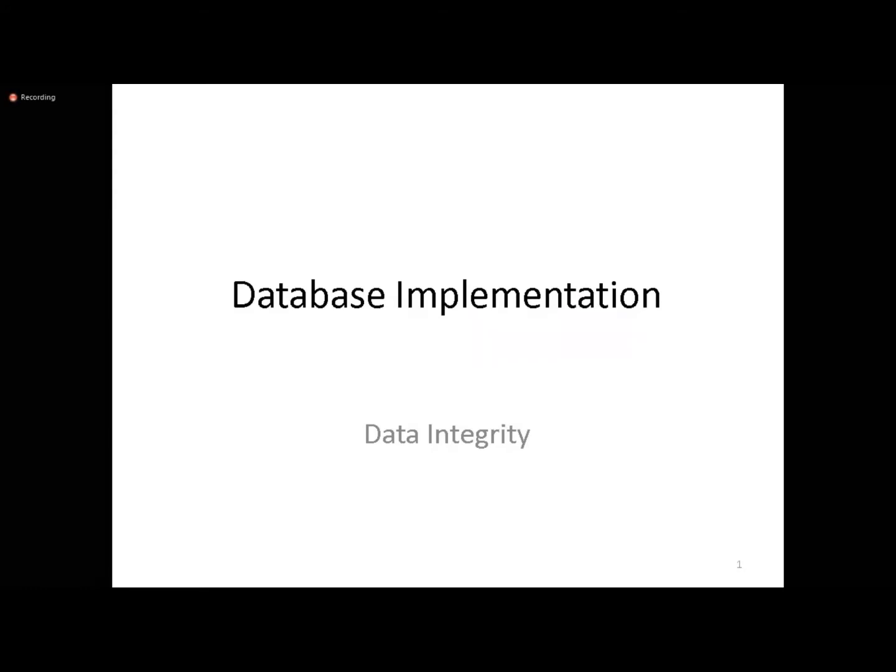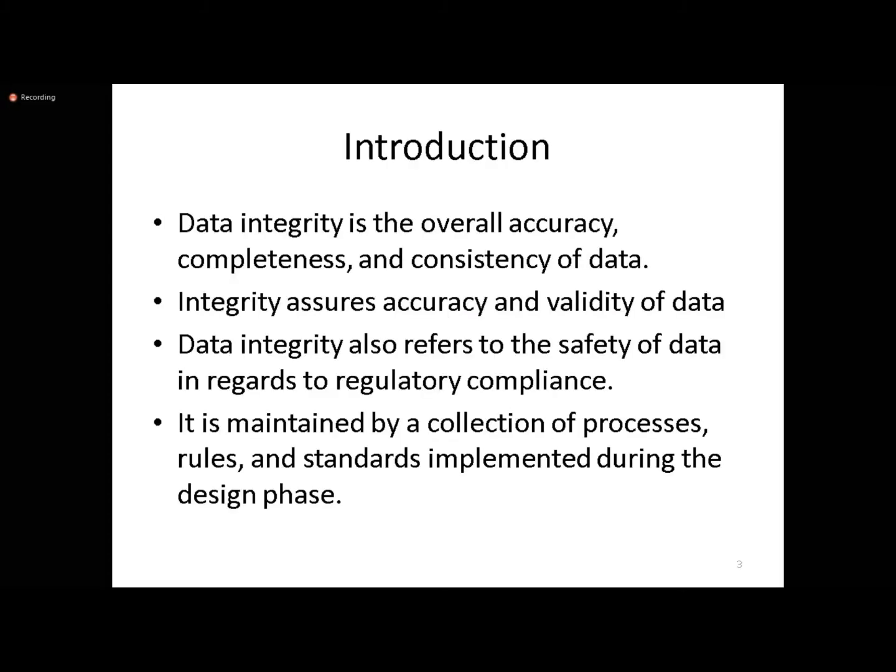Today we are going to basically talk about data integrity. Data integrity is the overall accuracy, completeness and consistency of data. Right? If you take a database, your data should always be consistent and it has to be very complete.